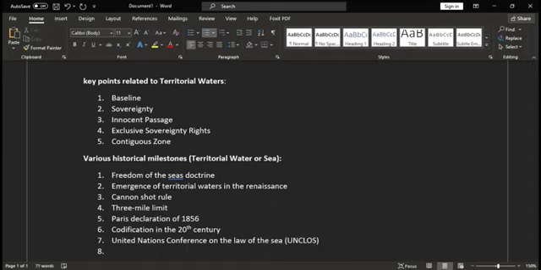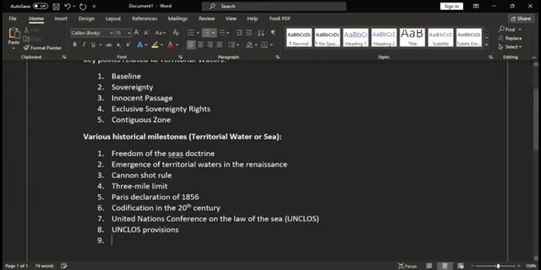We also have the UNCLOS provision. We have the recognition of exclusive EEZ.